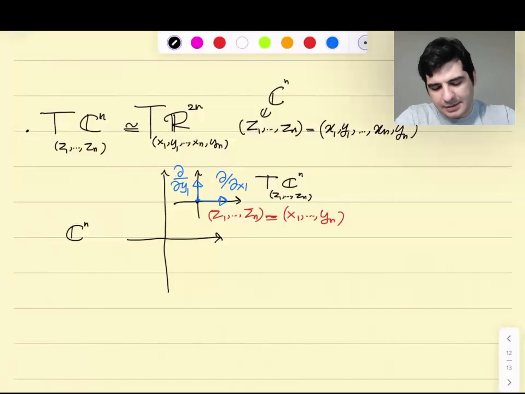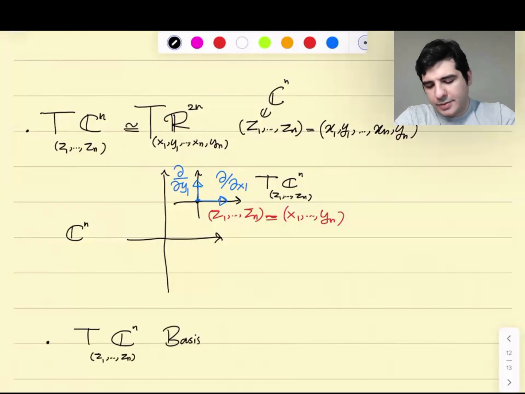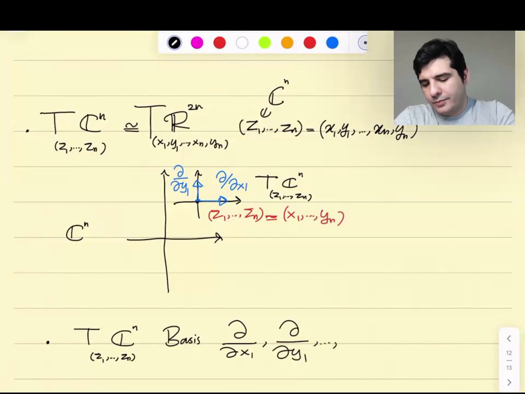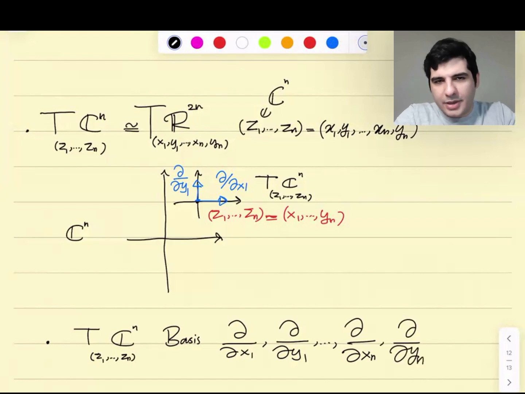So in a real sense, the tangent space of Cn at the given point has a real basis: partial x1, partial y1, up to partial xn, partial yn. So it's a 2n-dimensional real vector space, so it has 2n elements in its basis.